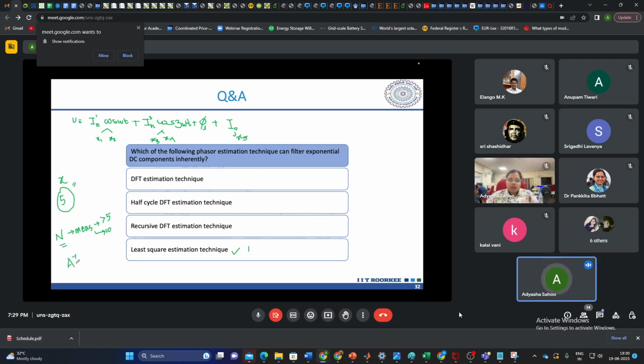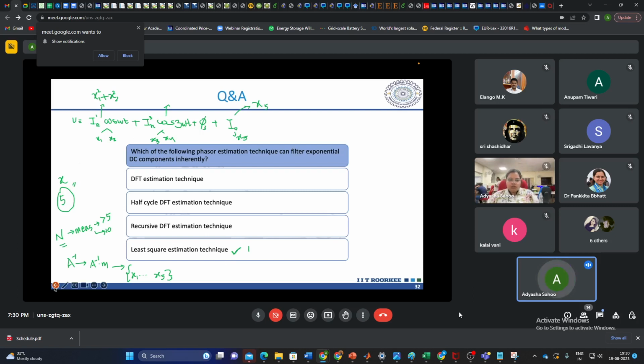If you pre-multiply the measurements with the pseudo inverse, you will get x1, x2, up to x5, and then you can utilize that to calculate the magnitude as x1 square plus x2 square, and similarly for the others. The DC component magnitude will directly be x5.